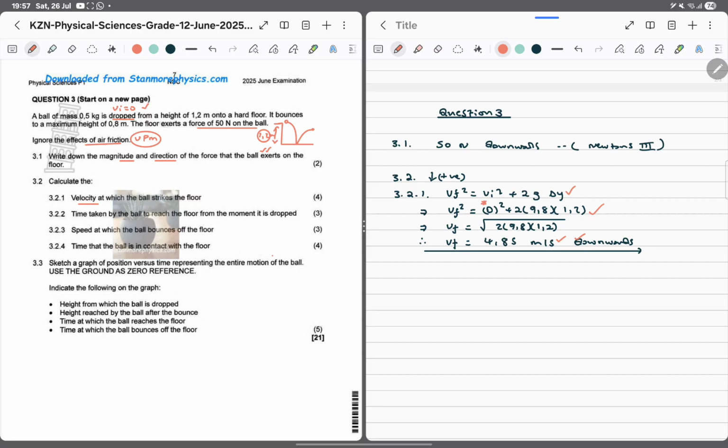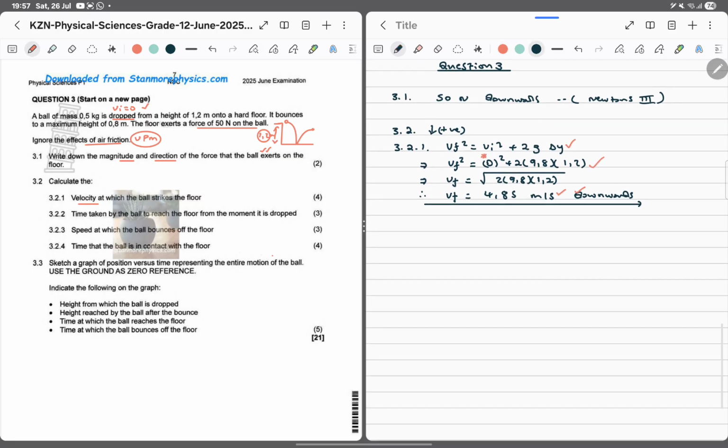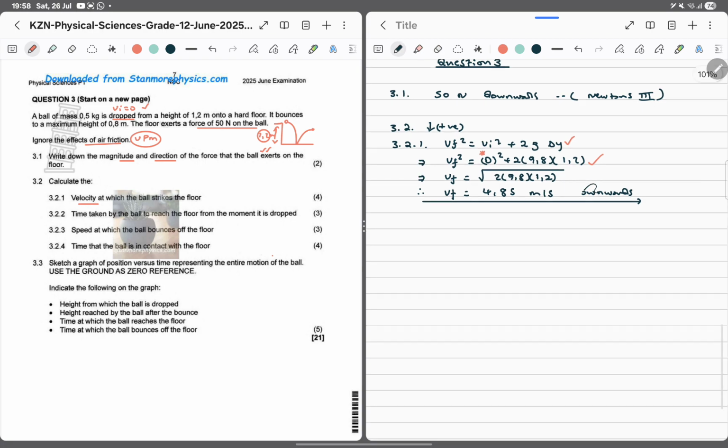Okay. Either way, 4 marks. Is it 3? Okay, so I'm a bit overzealous here. All right. Nice. So it looks like we only get 1 mark for both magnitude and direction.